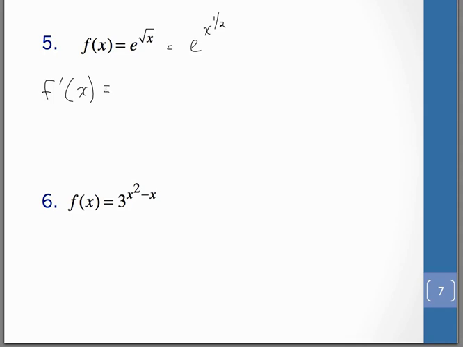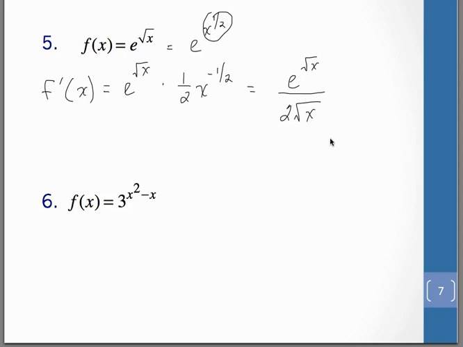So e, if you prefer to write it at this point as just square root of x, that's fine because we're essentially keeping the function. But now remember we need to multiply by the derivative of that exponent. So that's where we're taking the derivative now of the x to the 1/2. So it's perfectly fine to leave it like that. If you want to rewrite it, we could have e to the square root of x over 2 square root of x like that. Otherwise, it's okay to leave it like it was.